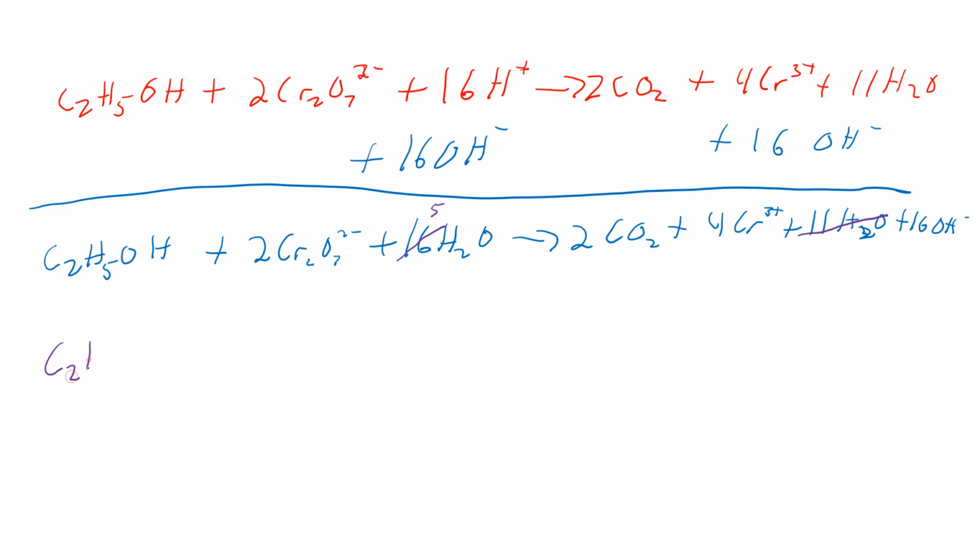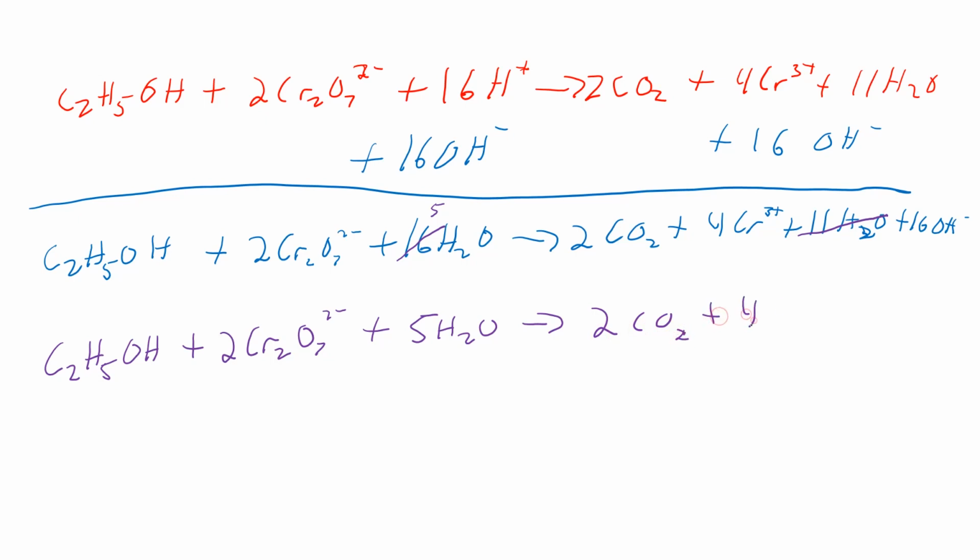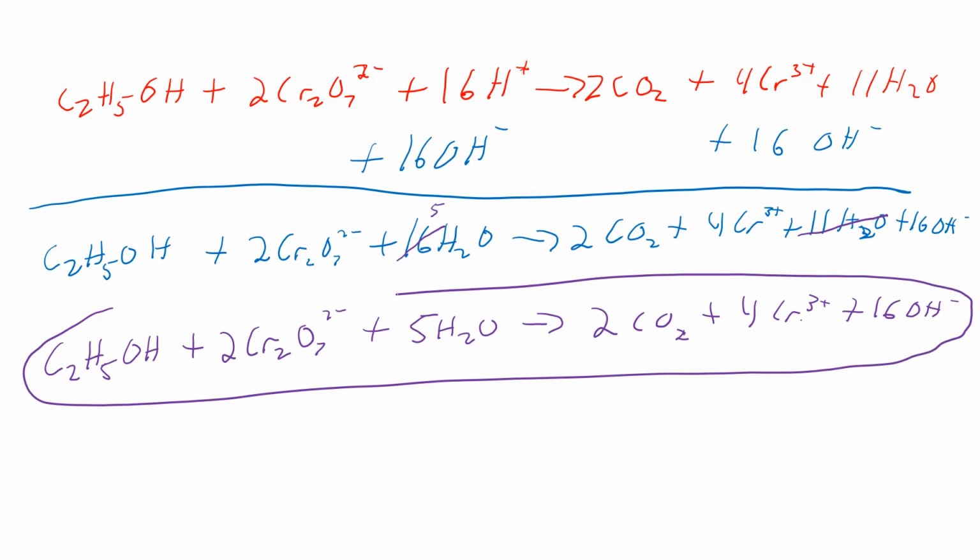So we have C2H5OH plus 2 Cr2O7 2 negative plus 5 H2O yields 2 carbon dioxide plus 4 Cr3 positive plus 16 OH negative. So that is our reaction when we balance it in basic solution.